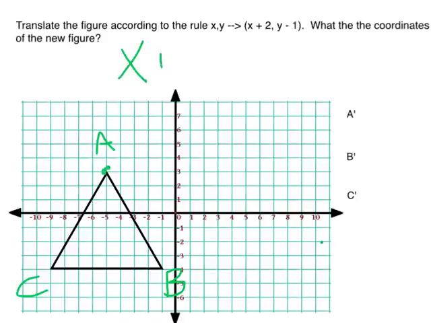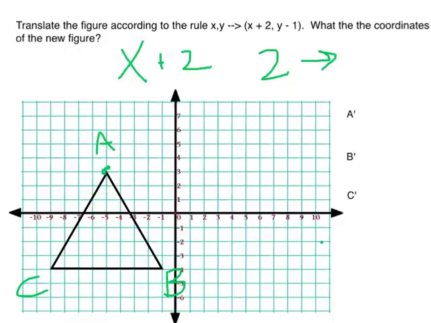First, let's just look at x plus 2. This is telling me that all of my x values are going to have 2 added to them. What that means is that we're going to move the whole figure 2 steps to the right. The way that I know that is, let's take a look at just point A for a minute.